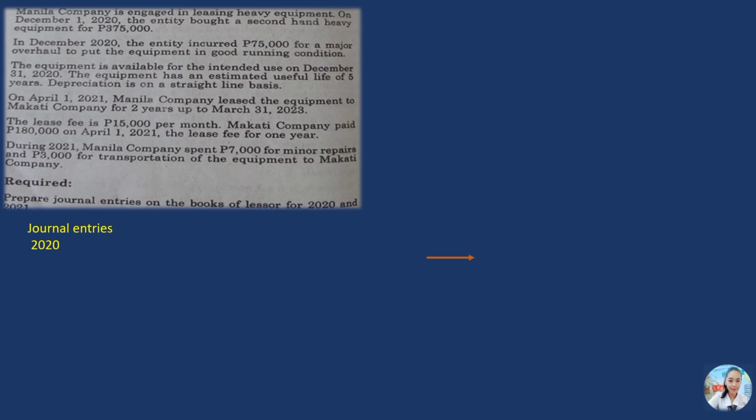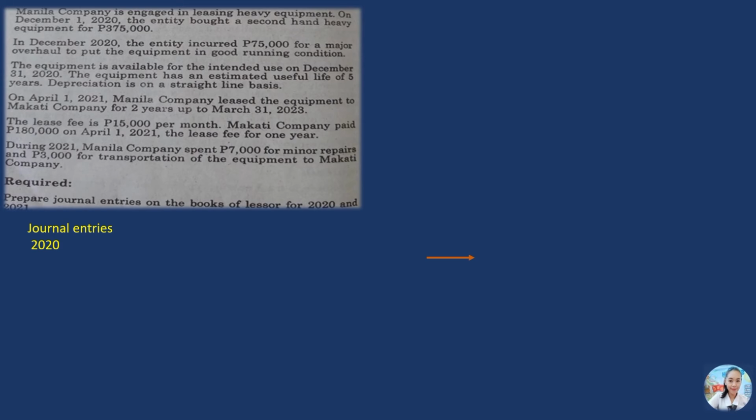So here, the journal entries of 2020. Manila Company bought the heavy equipment on December 1, 2020.